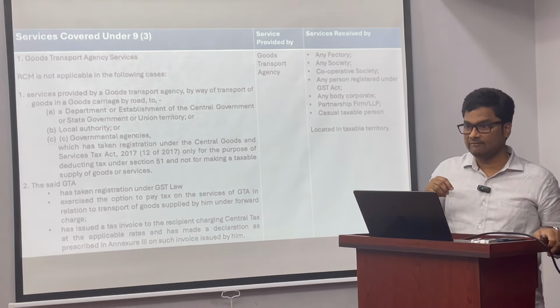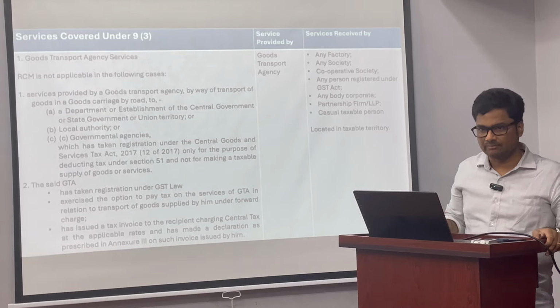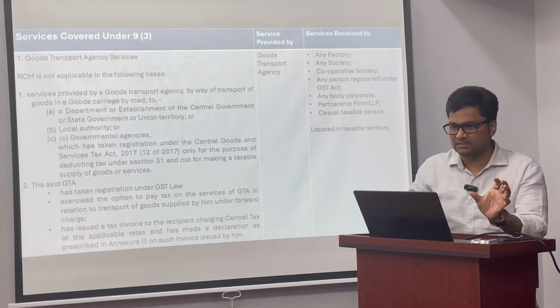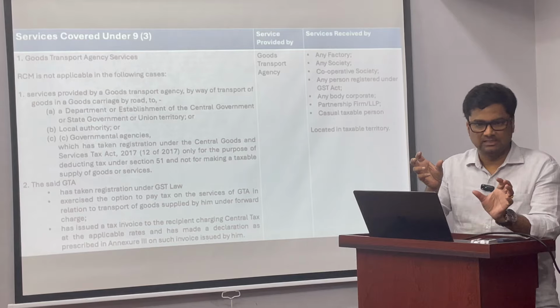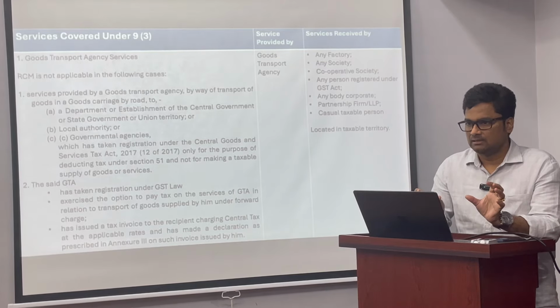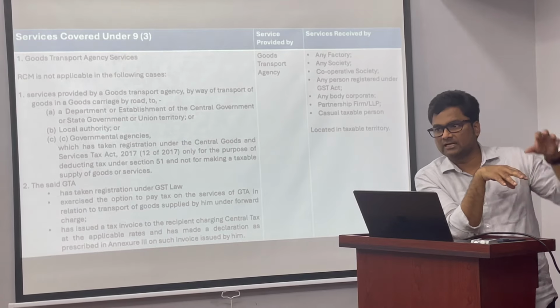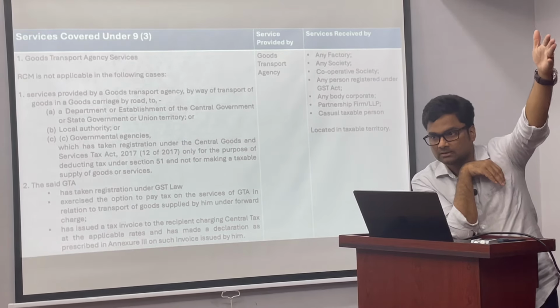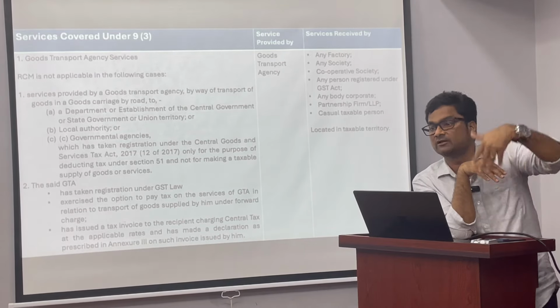Using that, every time they make the payment for an intrastate supply, they will deduct 1% CGST, 1% SGST of the selling price and deposit it in the seller's account. It will get credited to the seller's account.